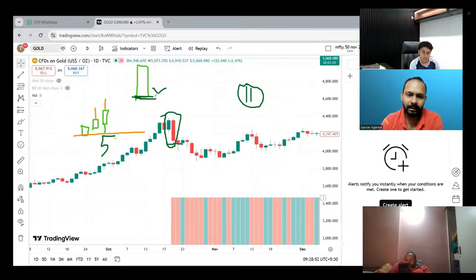Let's say the market opens around 11 that day. Then this position will get executed and your profits will be booked. If you have not set this, then your position will stay open. Oh, okay. So I thought maybe if there's a gap, it closes. No, it doesn't. Okay, sir.